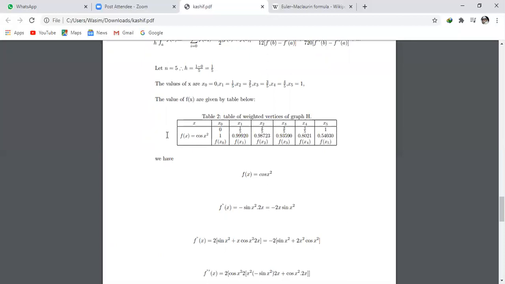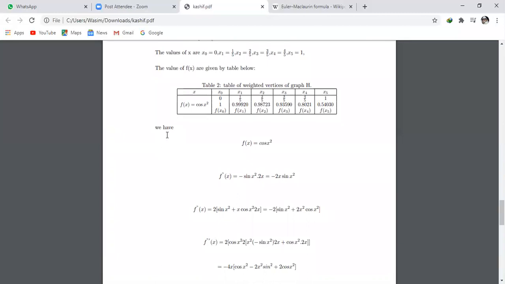The value of x0 is 0, and as in the previous questions we find the values of x0, x1, x2, x3, x4, x5. We construct the table for the function f of x equals cos x square.